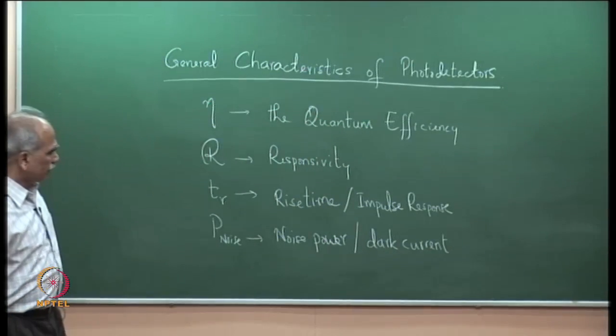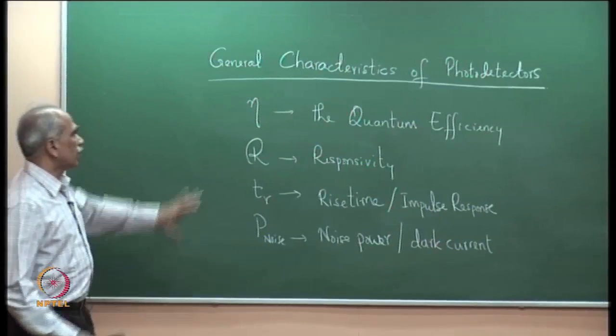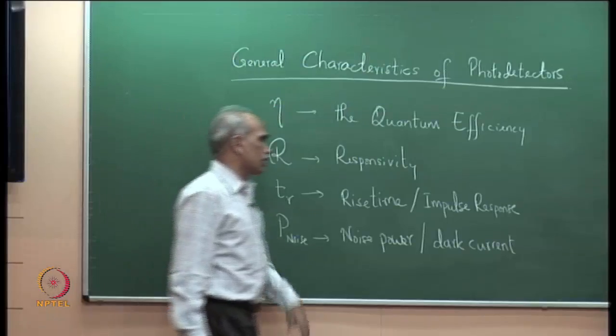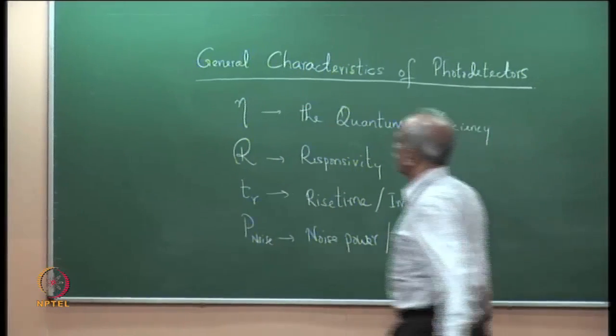These are more important for communication. In general, for detection of light, the first two are more important, but in the case of high speed communications, the rise time and the noise power are very important.